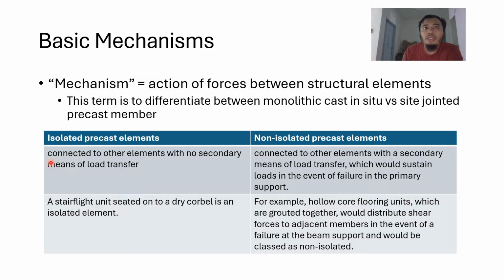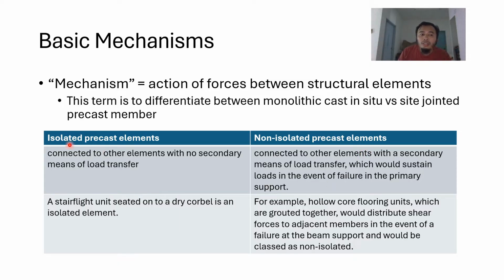If the method of transferring the load fails, it will cause a total failure. But for non-isolated precast elements, the elements are connected to other elements with a secondary means of load transfer, which would sustain loads in the event of failure in the primary support. So you have extra means of load transferring.